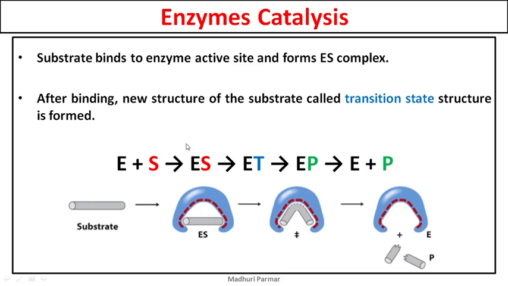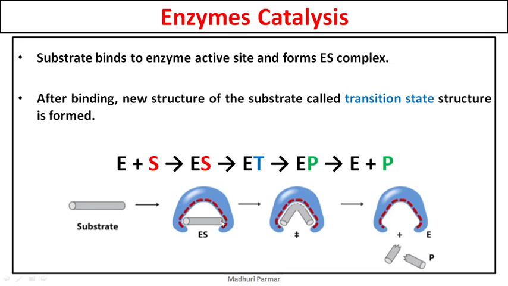Now what happens is, after the substrate binds, a new structure of substrate called transition state is seen. So just think, if it was exactly lock and key, how would the enzyme be able to work? Instead, it is somewhat like this. When the substrate binds, this enzyme can function. It can do some work. How will it do this work?